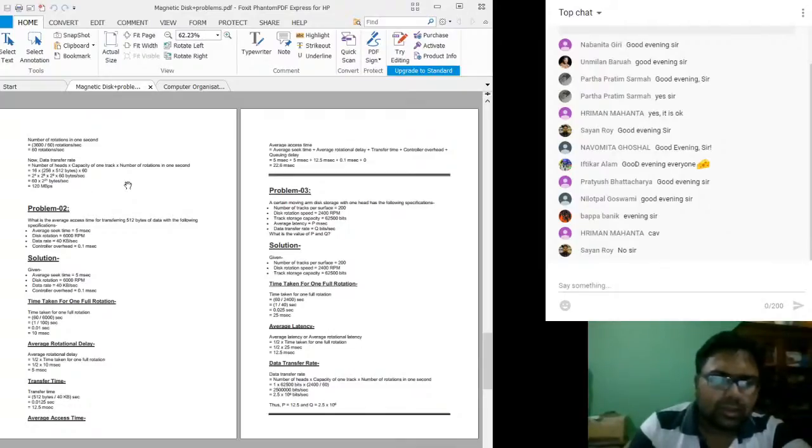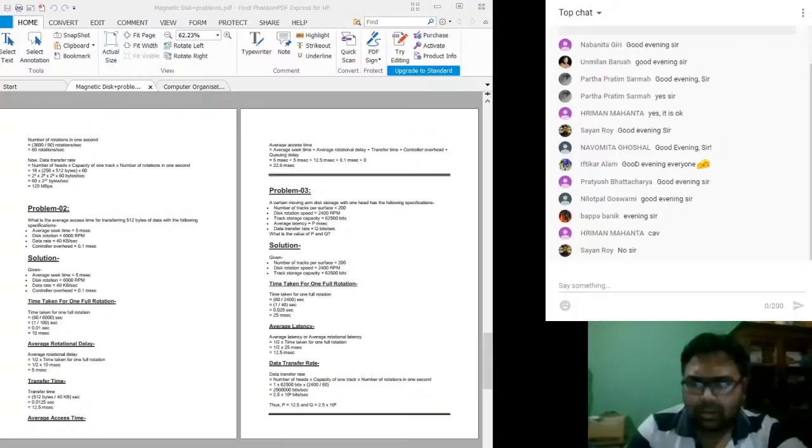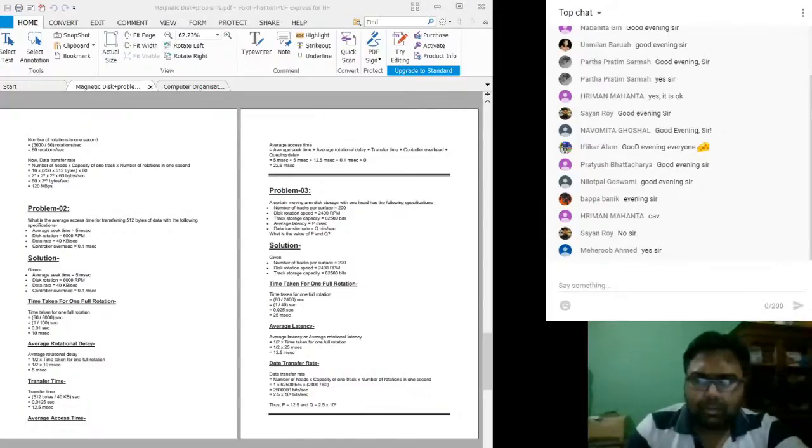Okay, so the next problem: what is the average access time for transferring 512 bytes of data with the following specifications?